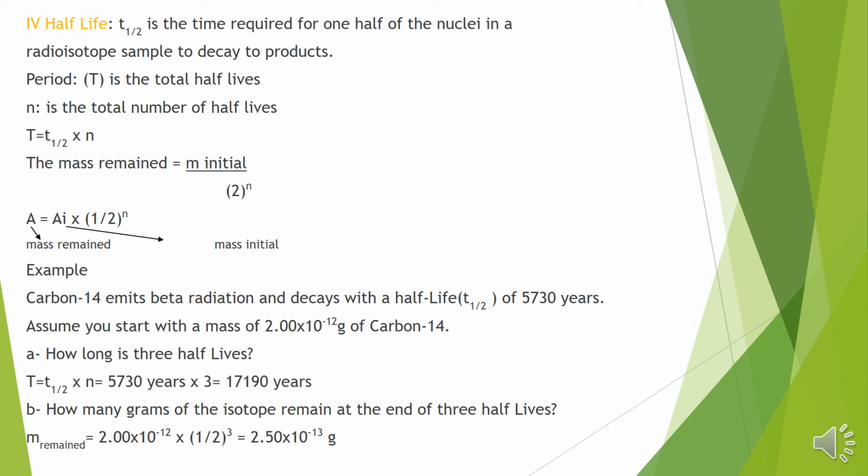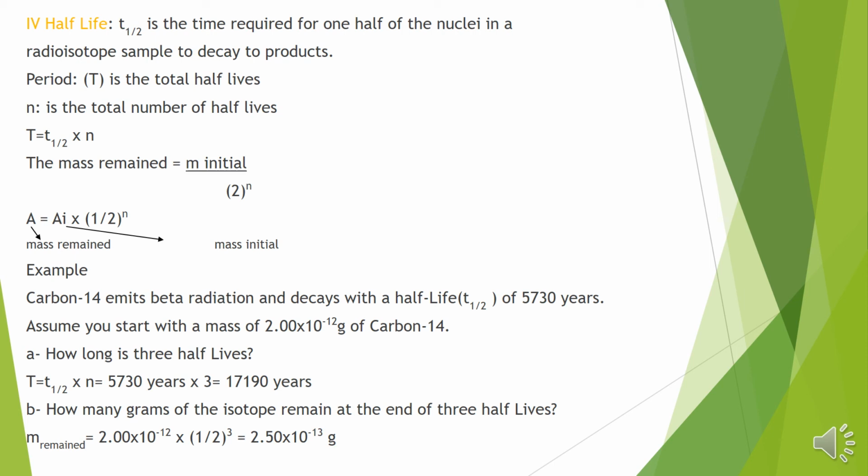And we have here the formula. The mass remained of a radioactive atom is equal to the mass initial over 2 to the power n. Or we can say A, which is the mass remained, equals A_i, which is the mass initial, times half to the power n.